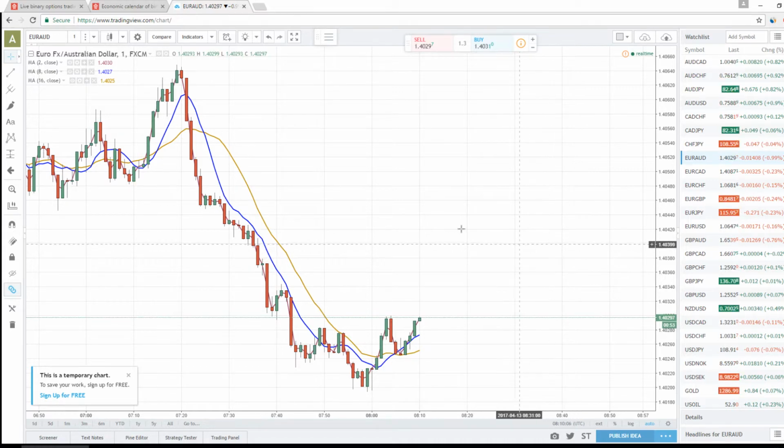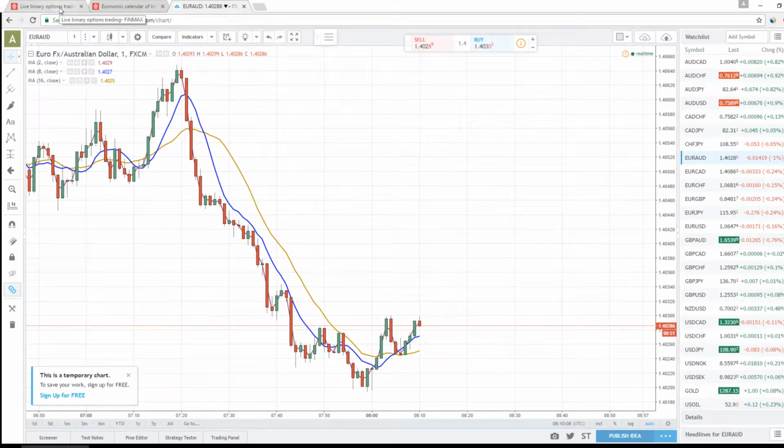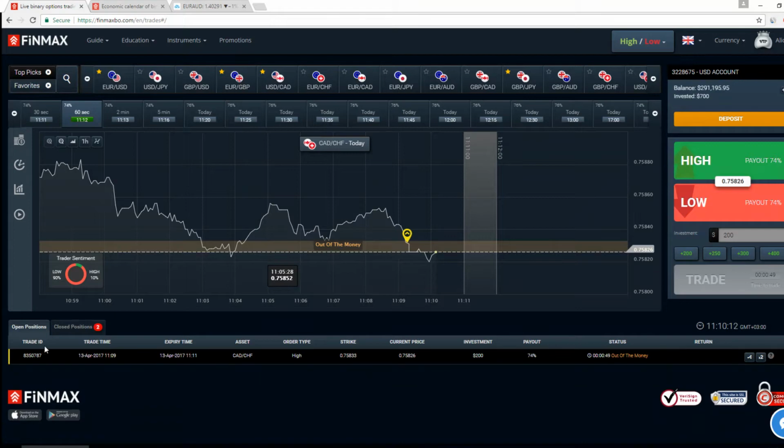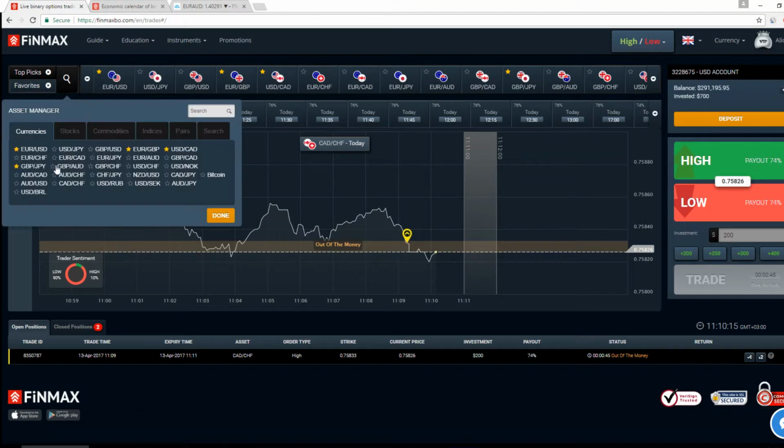Euro to Australian dollar shows a pretty interesting dynamic. Okay, this one also expired out of the money, so I will repeat it one more time.